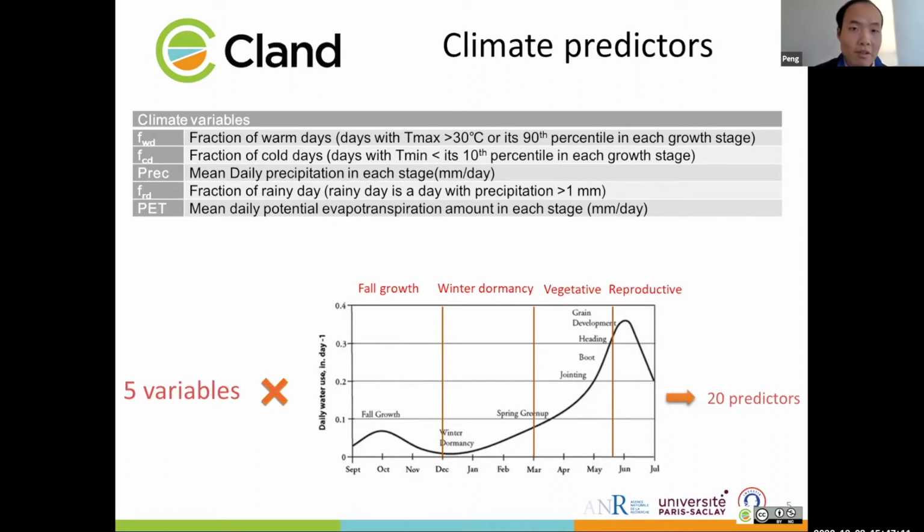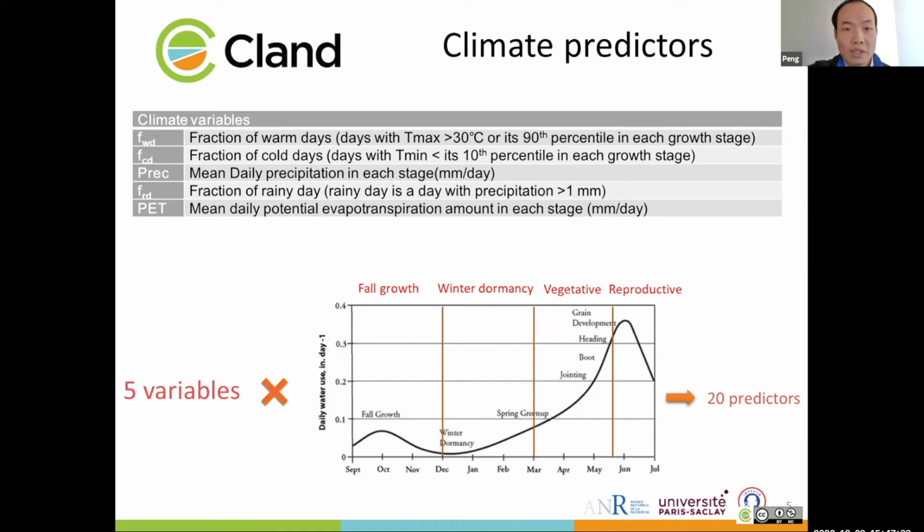The 5 climate variables generally characterize warm days, cold days, and daily precipitation. Also rainy days, which means the number of days with precipitation, a little different from the precipitation amount. And we also included the potential evapotranspiration, which characterizes the water demand from the atmosphere.